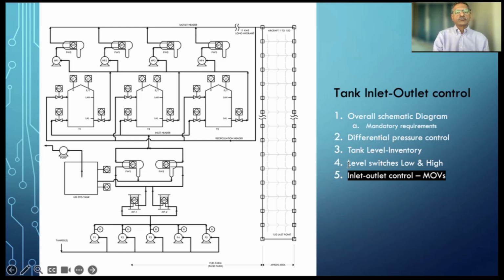But before that, remember that we are now doing control of inlet and outlet of the tank. Each tank inlet and outlet we want to control from remote. That is why we put motor operated valves, they call them MOVs, where the green arrows are shown. On each tank, one is the receipt, that is the product coming into the tank.